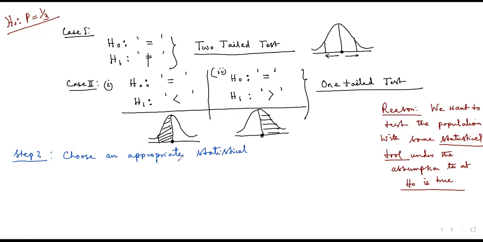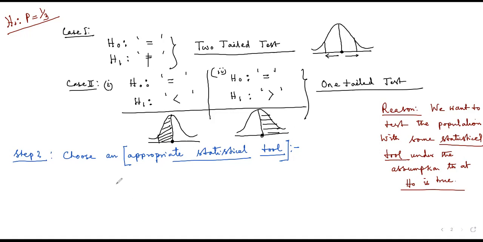Depending upon the system, there are several statistical tools available. You have to choose an appropriate one, and that will be decided by you on the basis of the system you are working on. And with the practice, you can identify pretty well what sort of statistical tool will be appropriate to your given system.